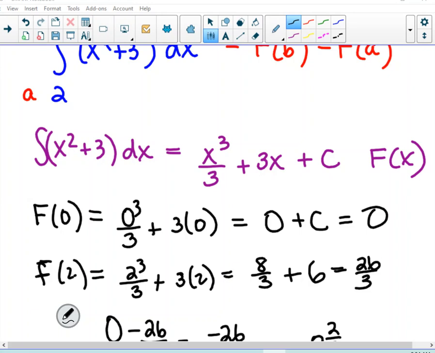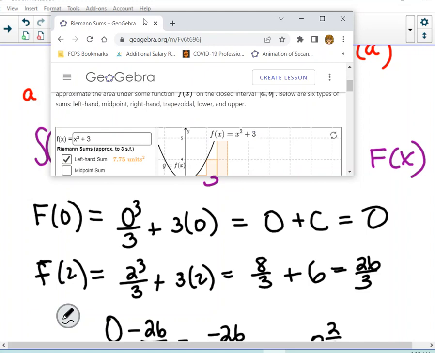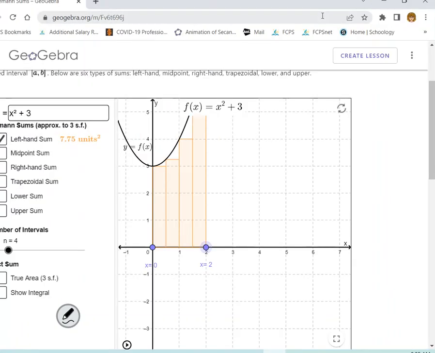This one's interesting. Let me try this one. All right, and can I change it from... Oh, I can do that. From 0 to 2. All right, so this guy's applet is not going to let me switch it, but we can look at the different estimations.